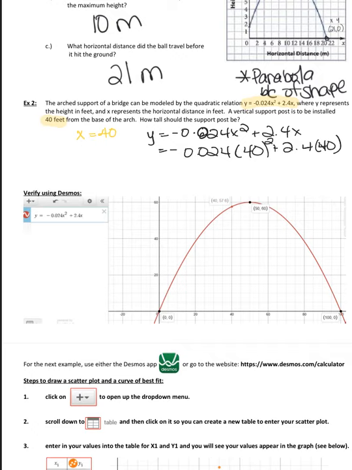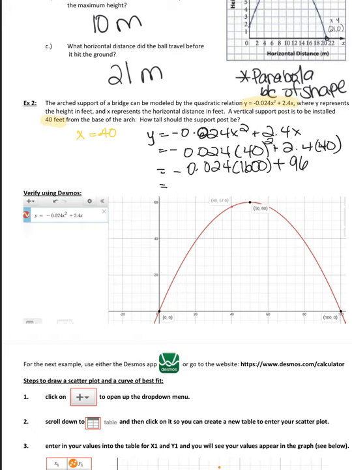So in here, now we're going to use our calculators, and if I were to do 40 squared here, that's the same thing as 1600. And 2.4 times 40 is actually going to be 96. Okay, so now I'm going to do negative 0.024 times 1600.